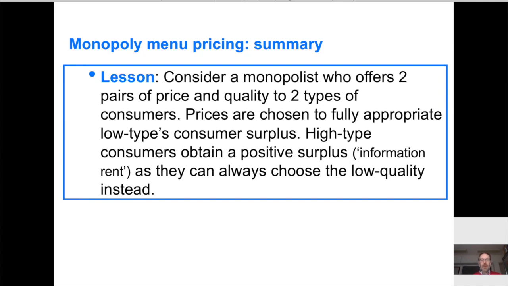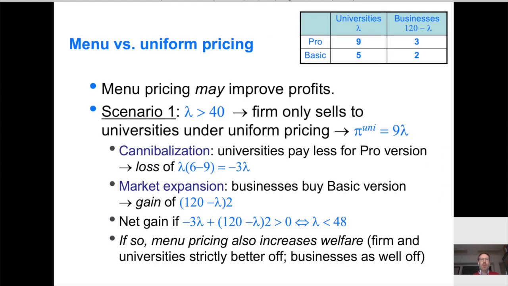Right? Now we turn to the comparison between menu pricing and uniform pricing. Here the question is, under which conditions will menu pricing be more profitable for the seller with respect to the alternative of setting the same price for everyone? Now, we need to do this comparison in two steps because remember, under uniform pricing, there are two possible situations.